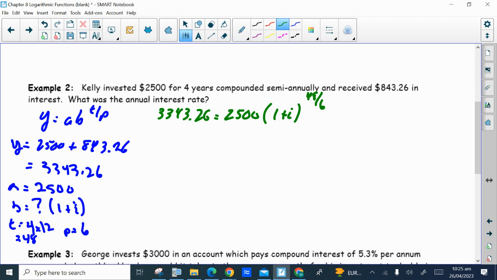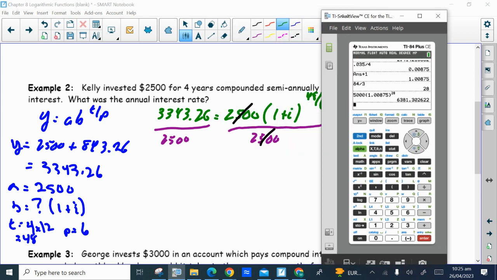So we need to solve for 1 plus I. And we would do that by first dividing both sides by the 2,500. So they will cancel on the right.